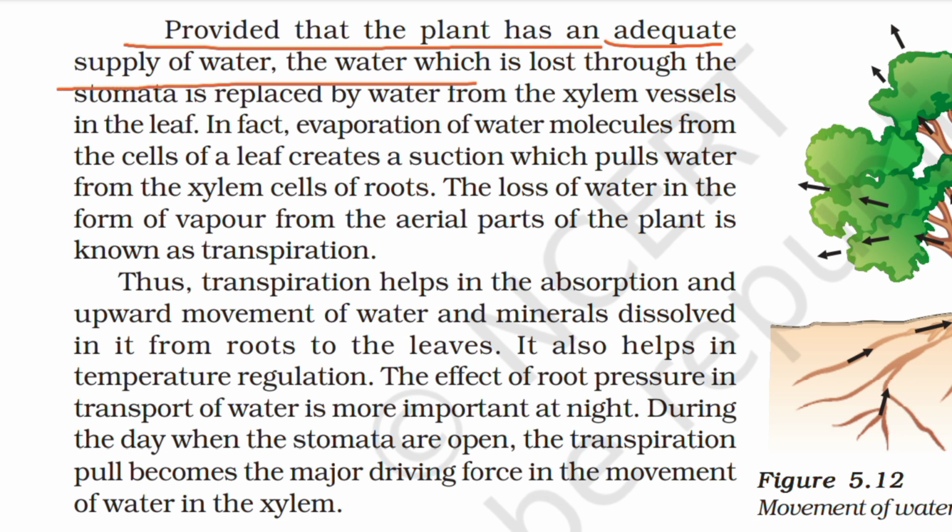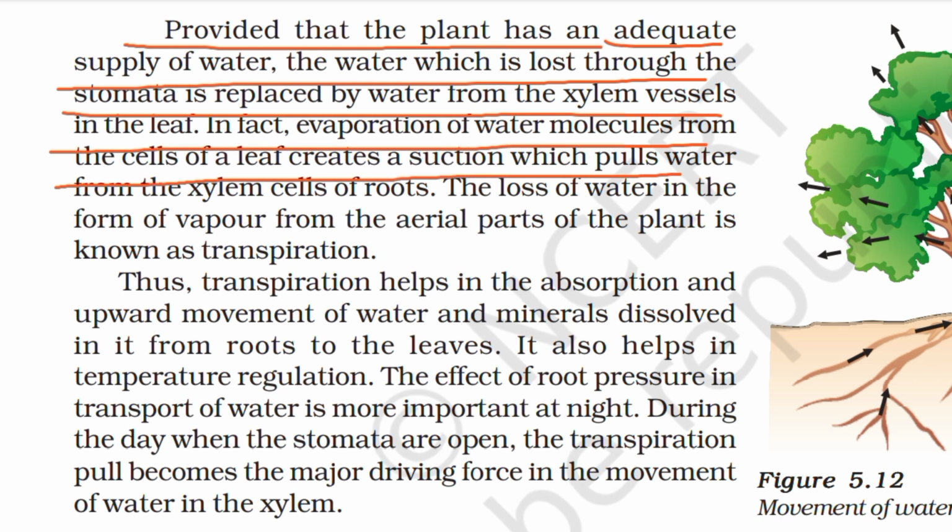The water which is lost through the stomata is replaced by water from the xylem vessels in the leaf. In fact, evaporation of water molecules from the cells of a leaf creates a suction which pulls water from the xylem cells of roots.